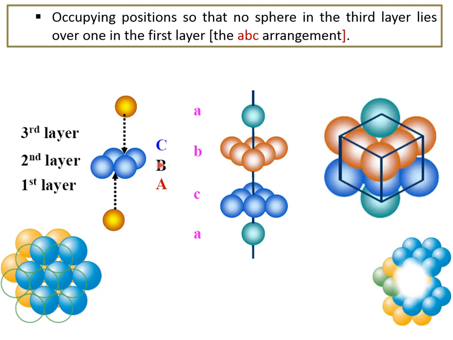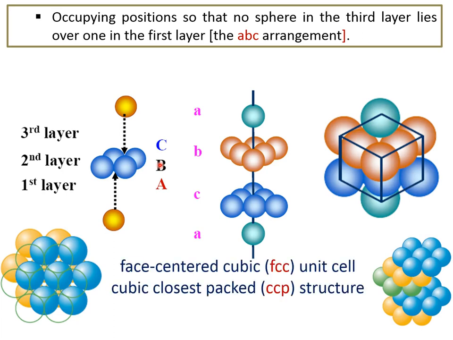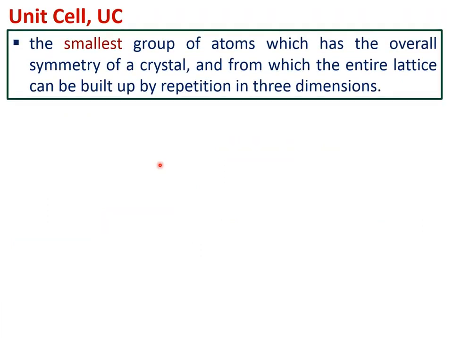Both are the same. And many elements crystallize in this structure, and others in the hexagonal crystal structure. Okay. Of course, I will show you a video that simplifies this structure. Okay, but let us do it at the end of the lecture.